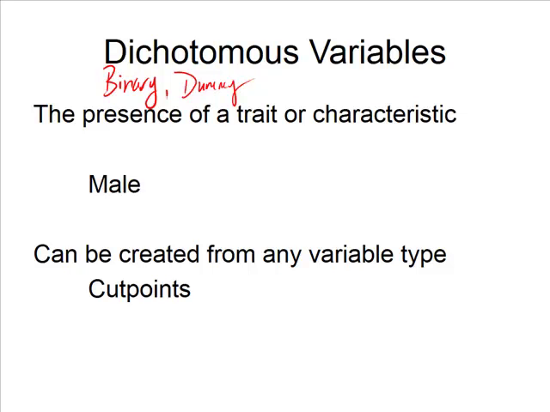So male is a good example of a dummy variable. Now, how are we going to say something is a male or not? Could we have different definitions of what makes somebody a male? Okay. Name one. Come on, say it. Genitalia.